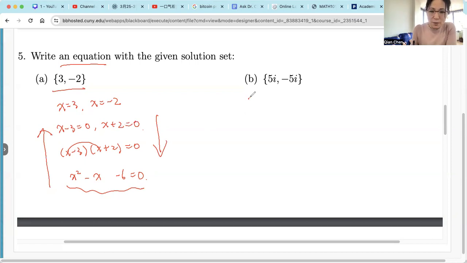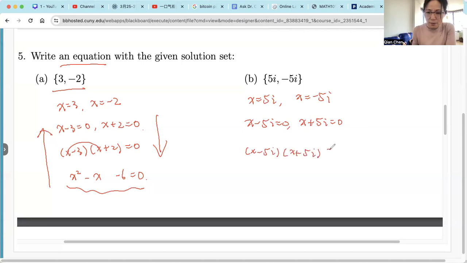Okay, now let's see B. We do the same thing. We see x equals 5i, x equals -5i, then x minus 5i is 0, x plus 5i is 0. 0 times 0 is 0. Then x times x is x squared. -5i times 5i, I claim that's 25.